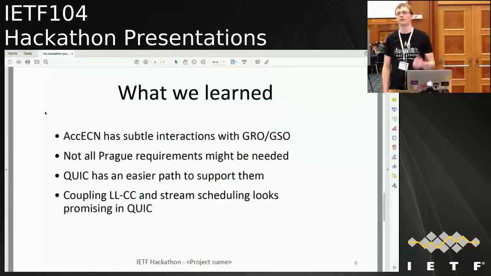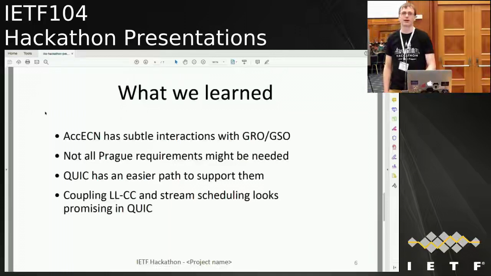So we had to make fixes in the lower level of the kernel, and we actually expect hardware to have some issue with it. Not all Prague requirements might be needed, and the easiest part of this is, well, for QUIC, for example, you have an embedded ECN feedback counters that's propagated in the ACK frame. So implementing it for QUIC is way easier.